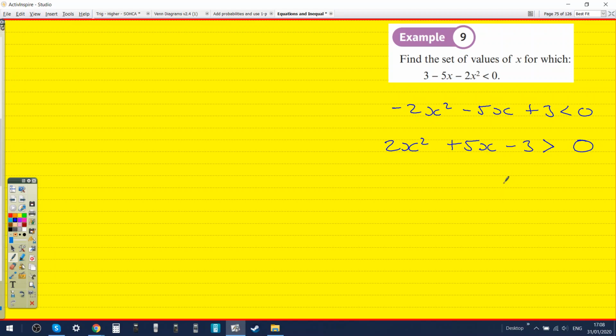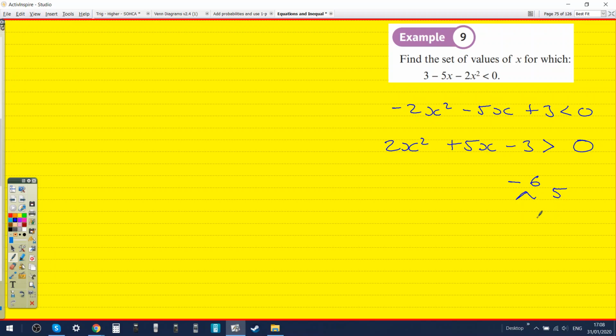So any idea what you do there? Solve it. So 2 times minus 3 is minus 6. Okay. So and then we have to add to make it to find plus 5. So plus 6 minus 1.